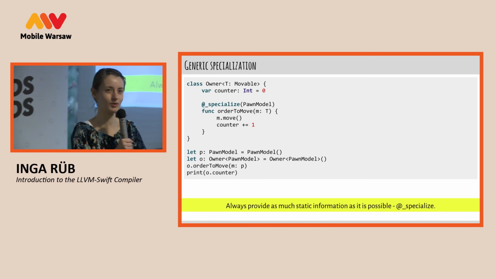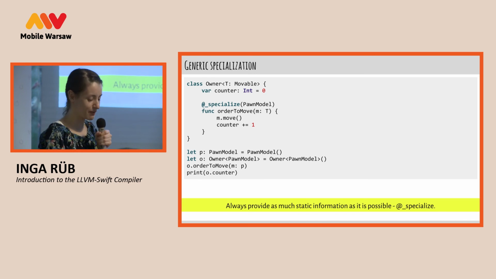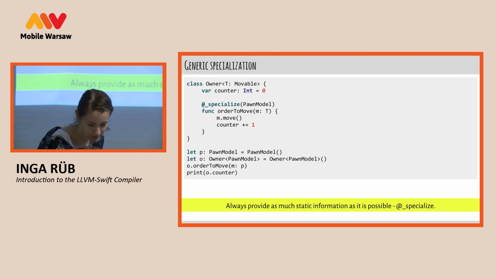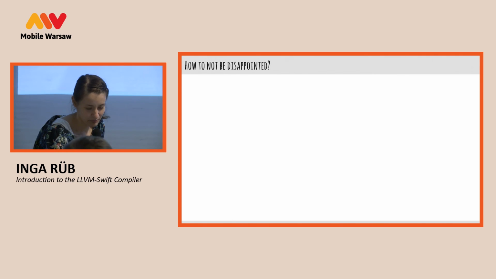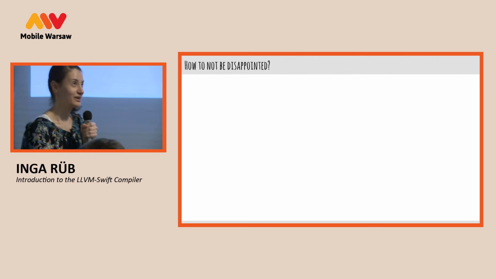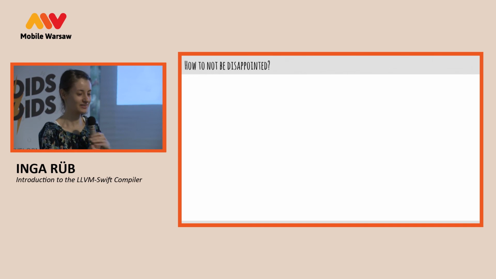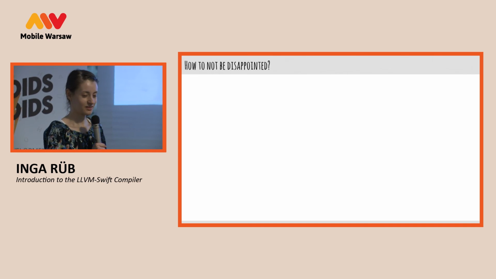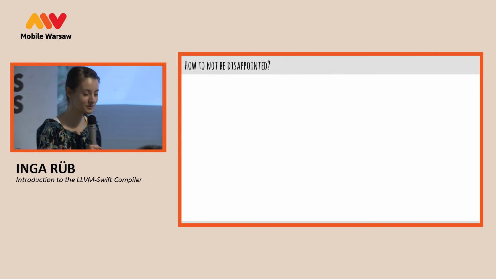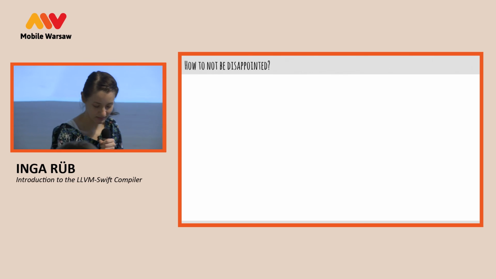I found it in the documentation, but probably some of you don't know about this keyword. Performance inlining, I had a great example and I wanted to teach you how not to be disappointed, but I think it's stuff that I will tell you about maybe during the next presentation, who knows, because it will take me quite a lot of time.